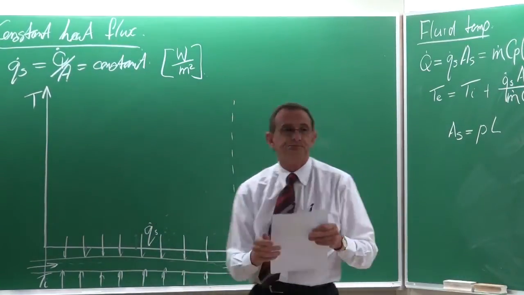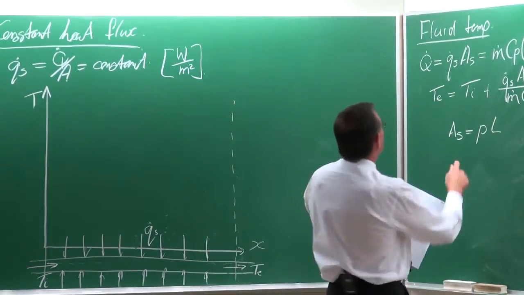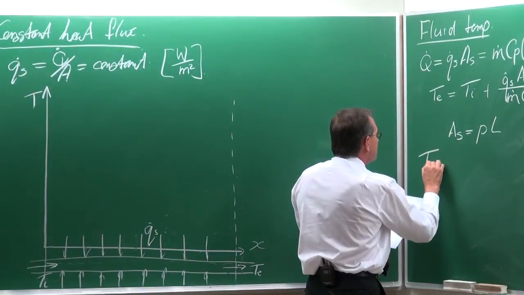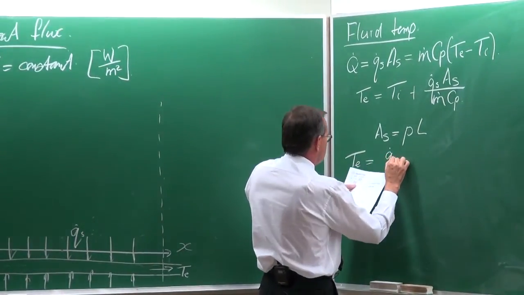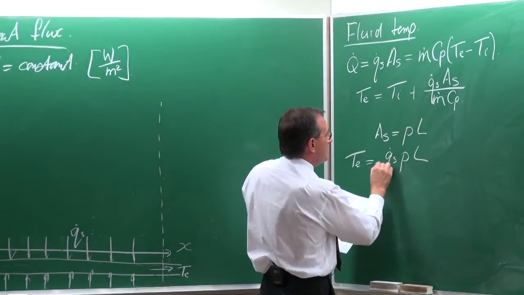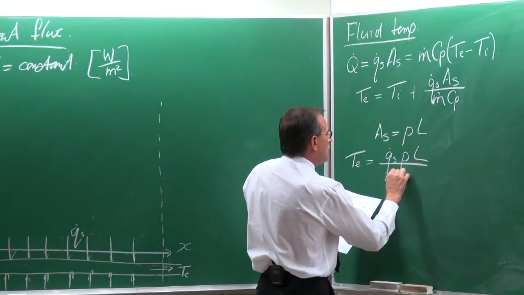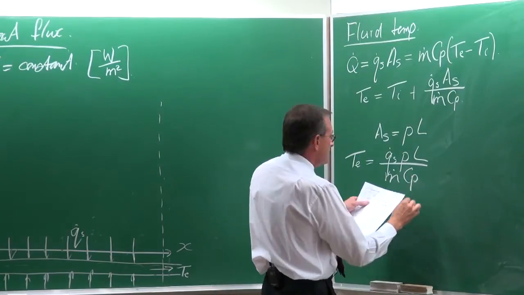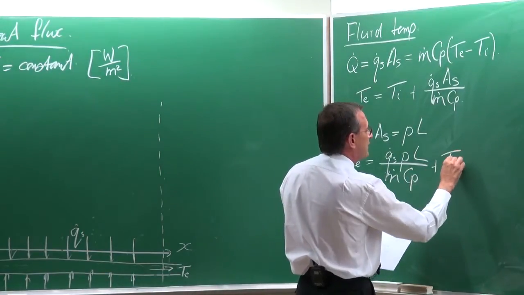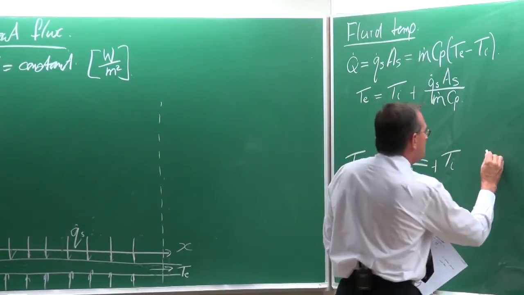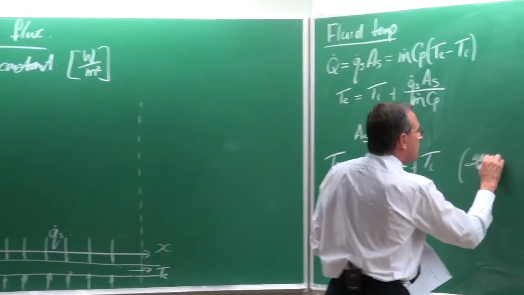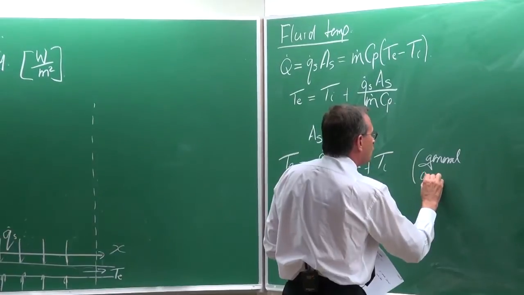Do you agree? So therefore, we can substitute it in there, and we can say that the outlet temperature is equal to Qs P L divided by m dot Cp, plus Ti. And this would be a general equation for getting the outlet temperature.